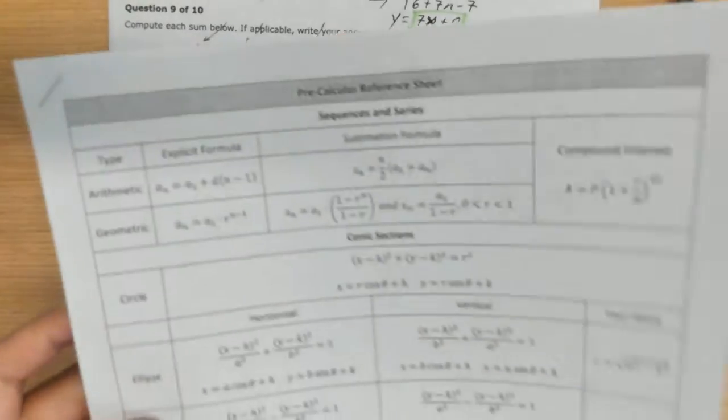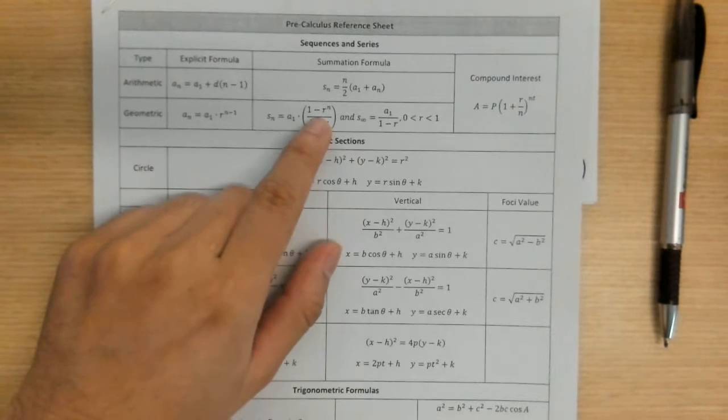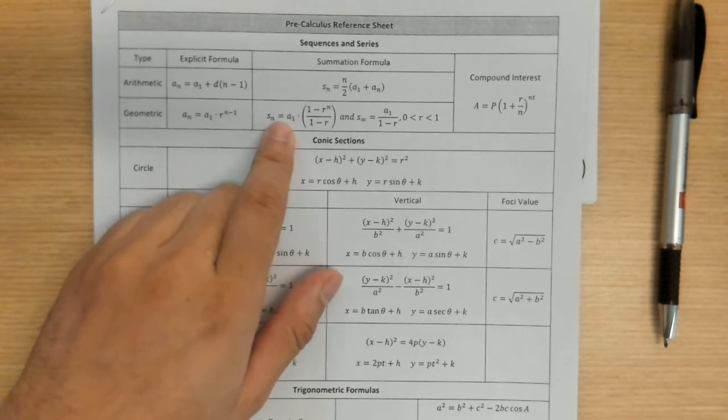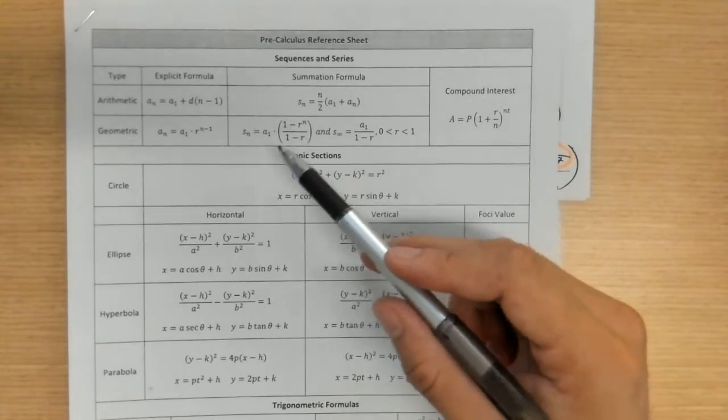Now here's the equation. You can see there's my common ratio, there's my n, and there's my a sub 1. So let me put all of the values into this equation.